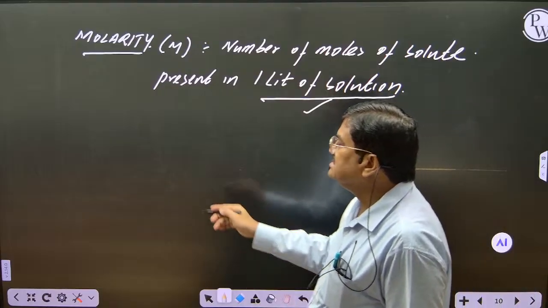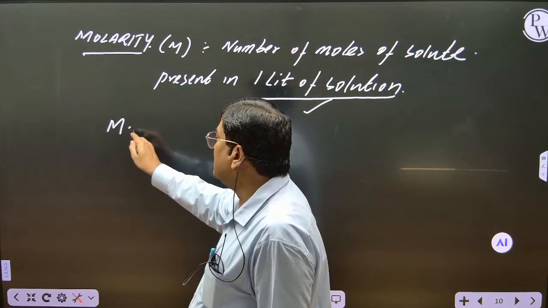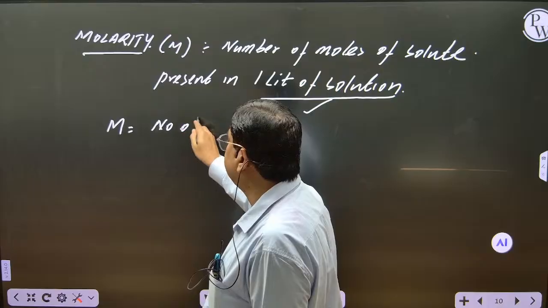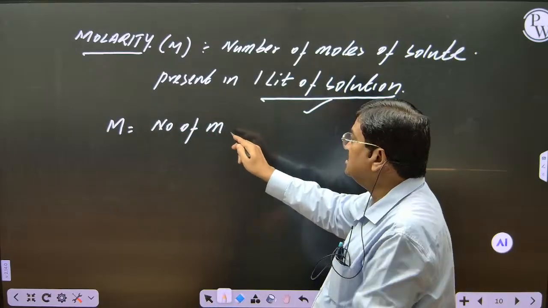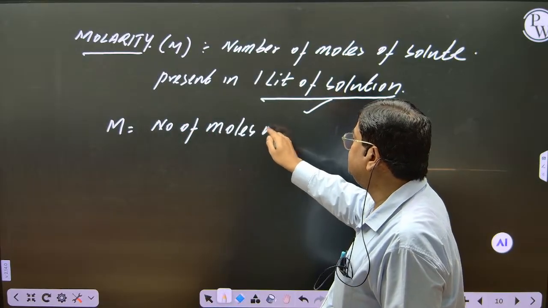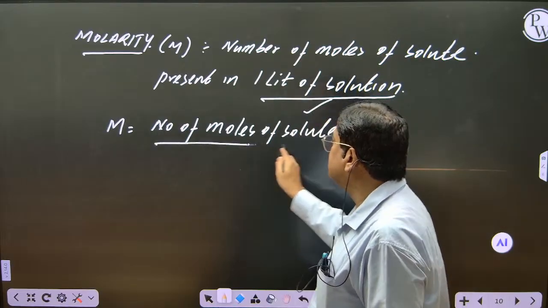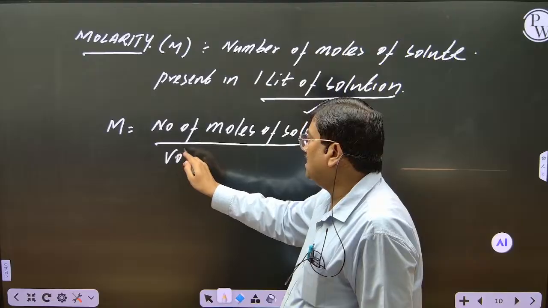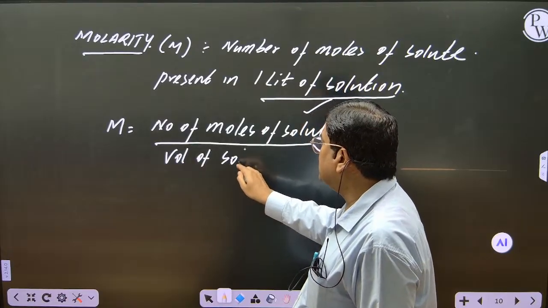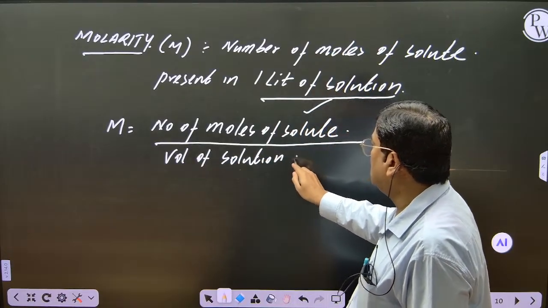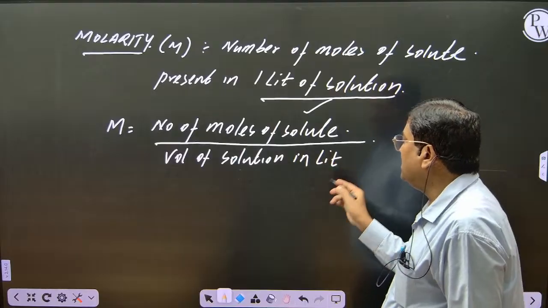So molarity is given mathematically by what relation? Number of moles of solute upon volume of solution in liter. This is the relation for molarity. Keep it in a box.